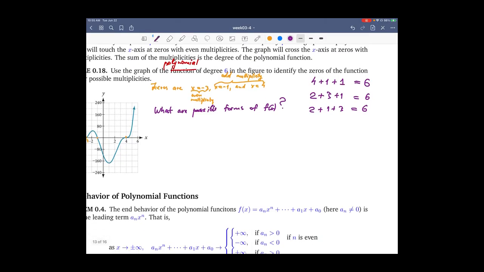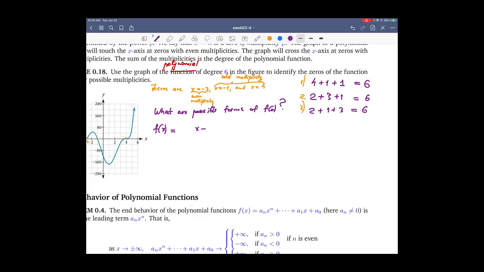So the corresponding possible forms, let's call them 1, 2, and 3, are the following. F could have root -3 with multiplicity 4 and the other two roots with multiplicity 1. In general, it could be multiplied by some constant other than 0.